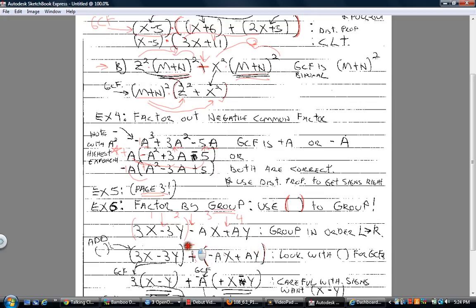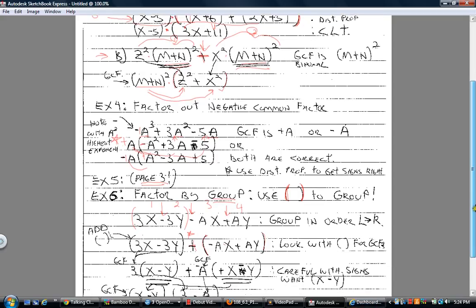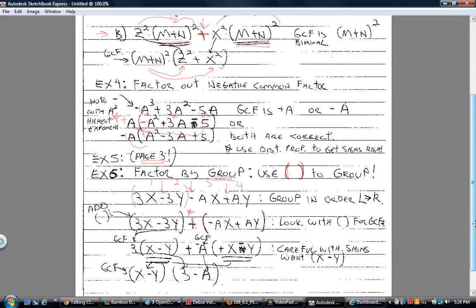Okay, so if you put those parentheses there, then your challenge is to look at each set of parentheses and isolate it, and then ask yourself, can you pull out a GCF? That's the big thing. Then all of a sudden you see the 3 and a negative 3. I pull out a positive 3, and I'd be left with, inside the first set of parentheses, x minus y.